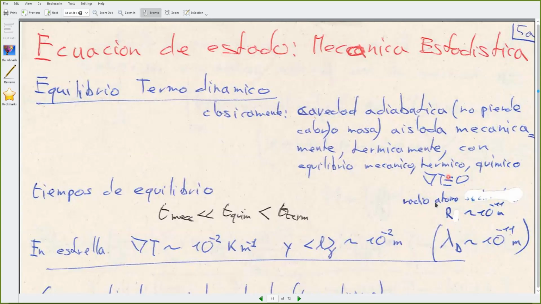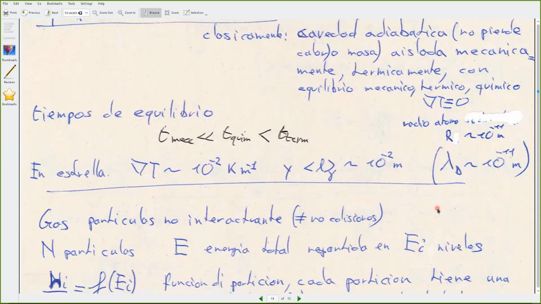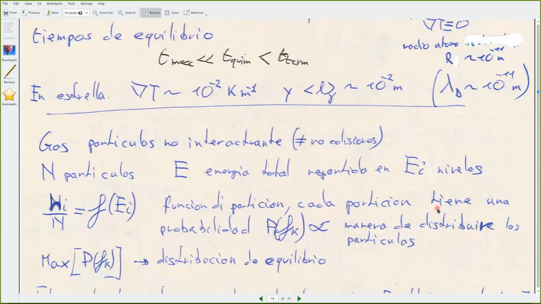So that also can be seen not as particles interacting with each other, but as the plasma, which is a single system. So we can consider a gas of non-interacting particles. The particles just interact when there is a collision.